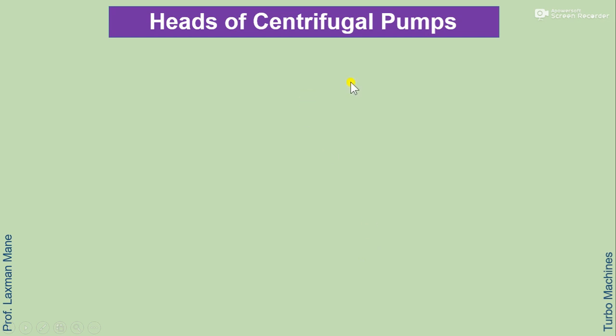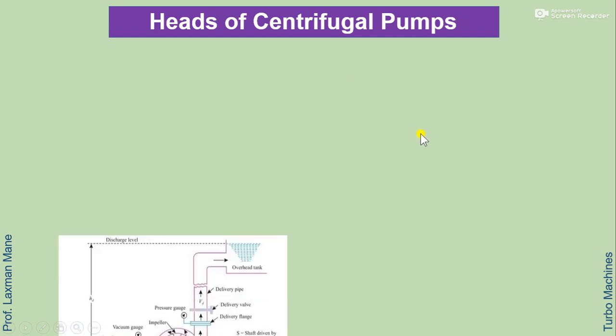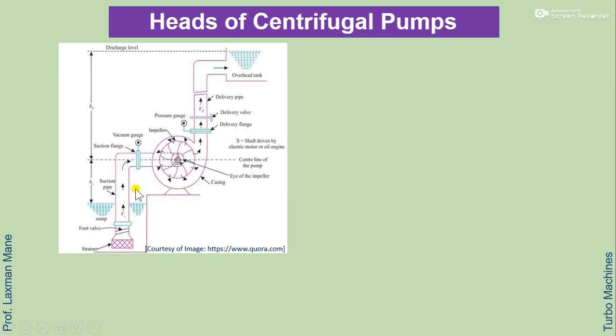Now we will see heads of centrifugal pumps. In this diagram we can see this is the water at sump and this is the water at overhead tank. So the pump is used to lift water from the sump to the overhead tank. That's why the height difference is called head. So Hs is the height difference between the center line of the pump and the water sump level.